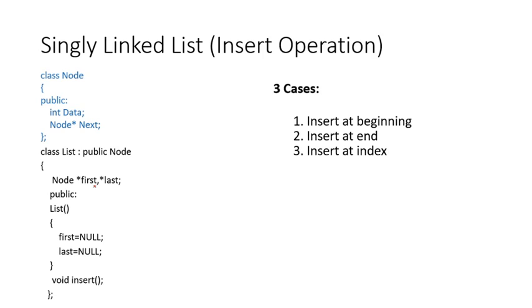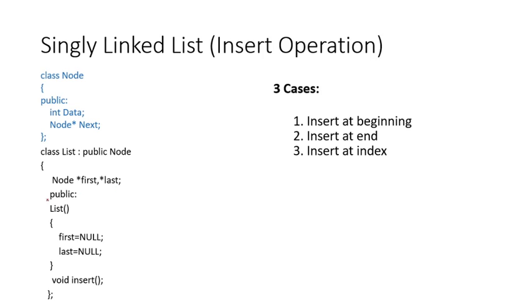So first pointer is necessary, whereas I have declared in addition to the first pointer the last pointer. This is to perform the insertion at the end efficiently, but this is not necessary.